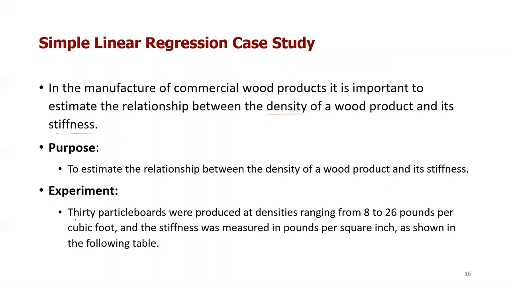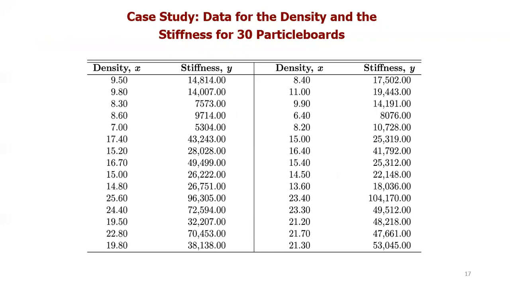What we do is take 30 particle boards and measure their stiffness, and this is our data. This is X, the density of the boards, and this is their stiffness. So there are 30 data points here, and I have 30 data, okay?